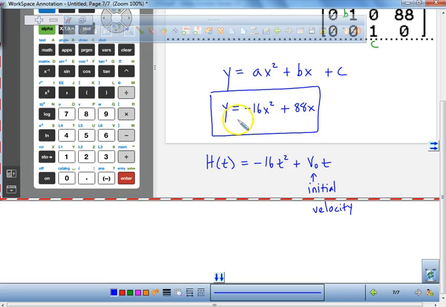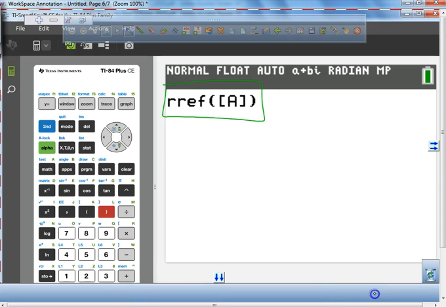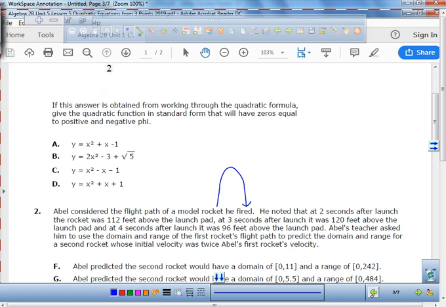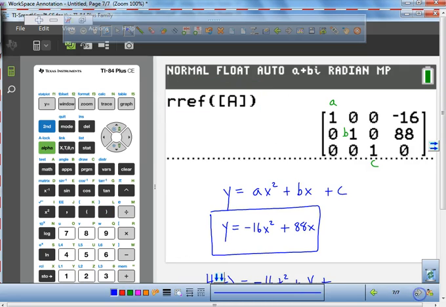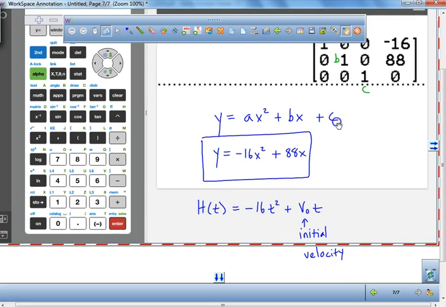So right now, based off of this, if I interpreted this, the initial velocity of the rocket is how fast? It's 88 feet per second.